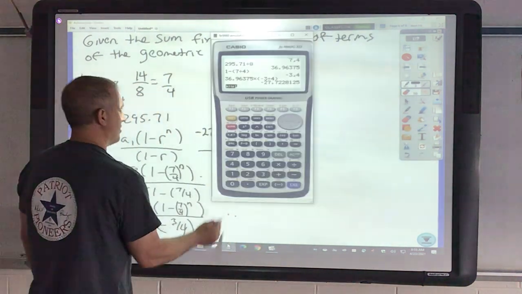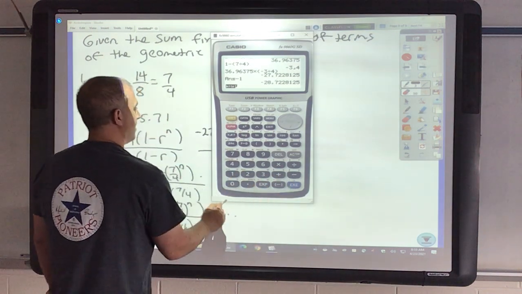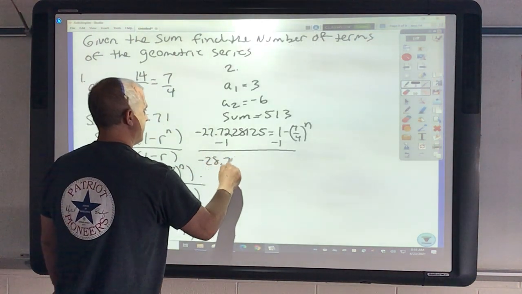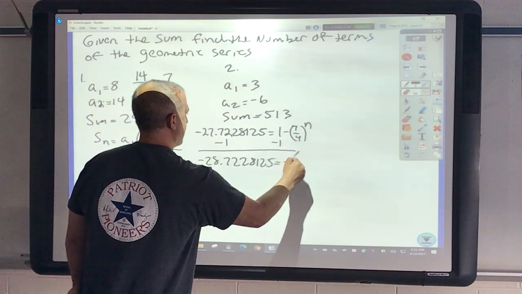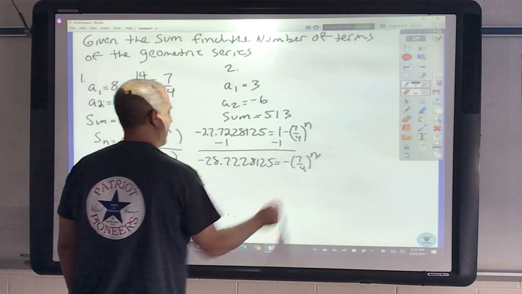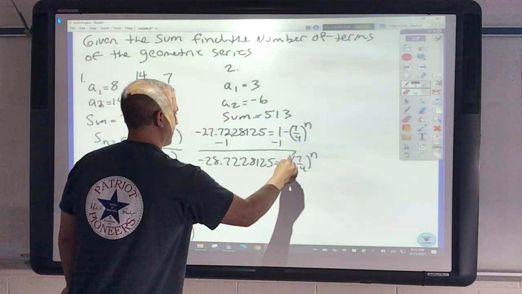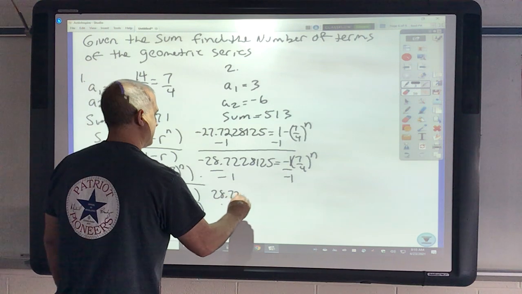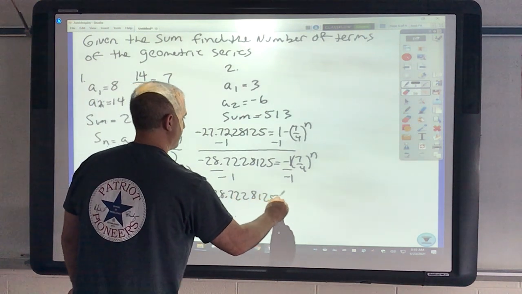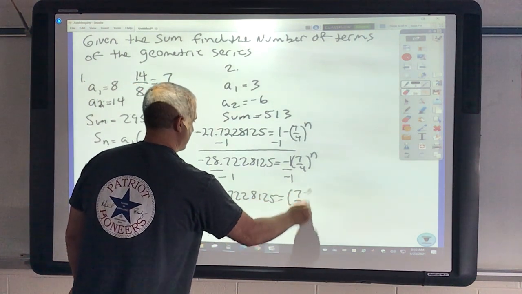So -28.728125 equals -7/4 to the n. Now, very simply, this is like a -1. If I divide by -1, that just makes this 28.728125 equals 7/4 to the n.